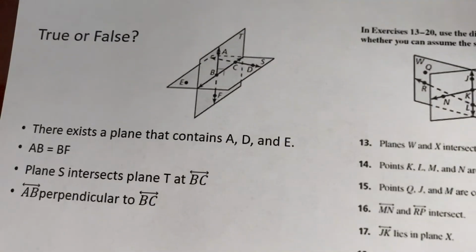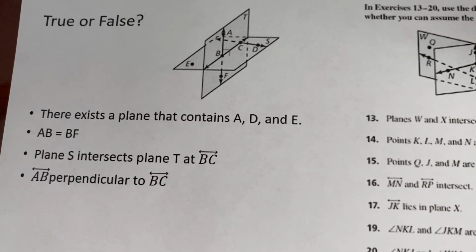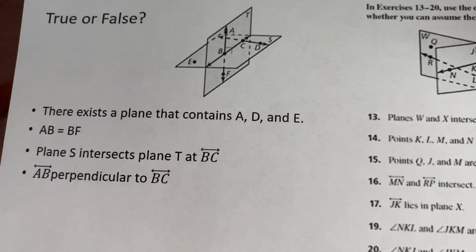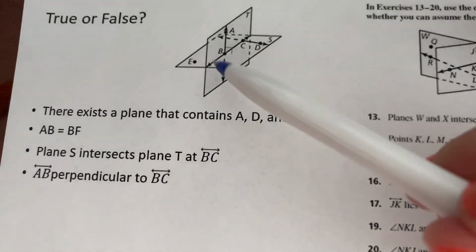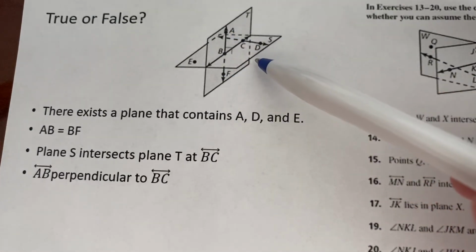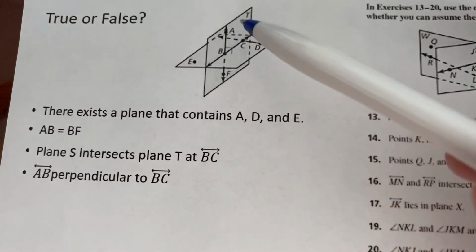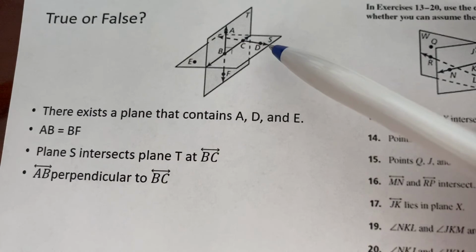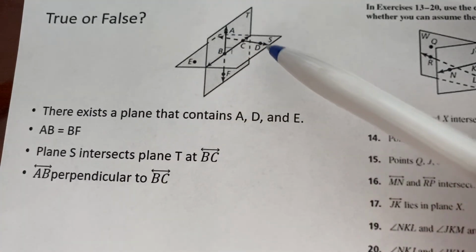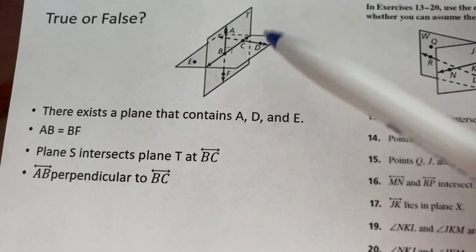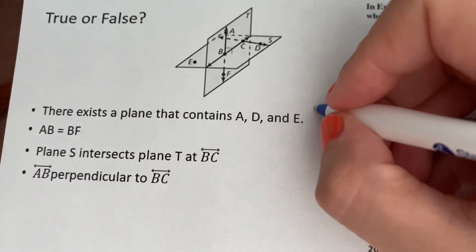Last page. Okay, so we're gonna write true or false looking at the same diagram. There exists a plane that contains points A, D, and E. Okay, I don't see one, so no, false.